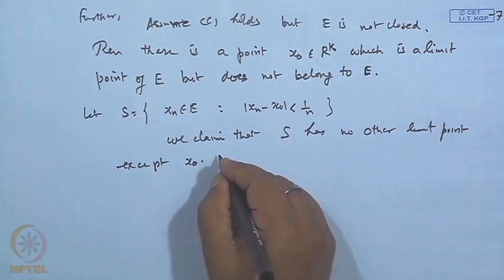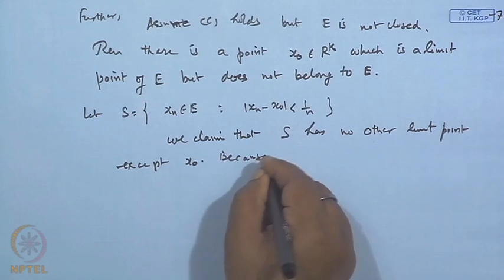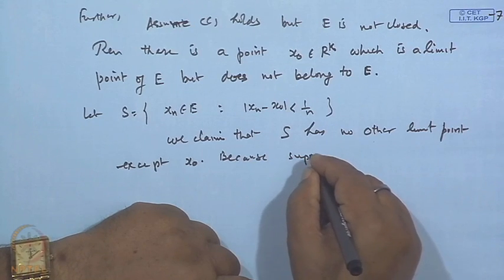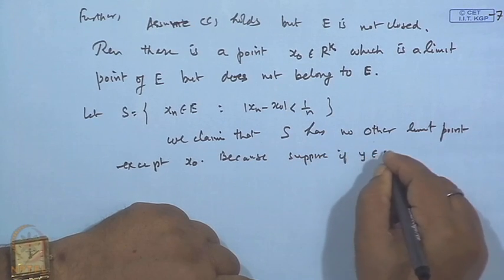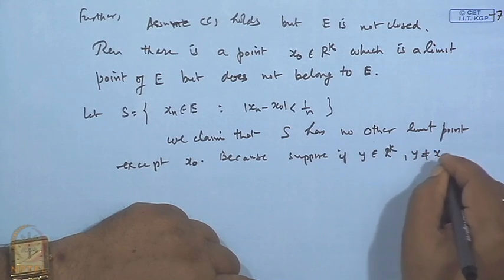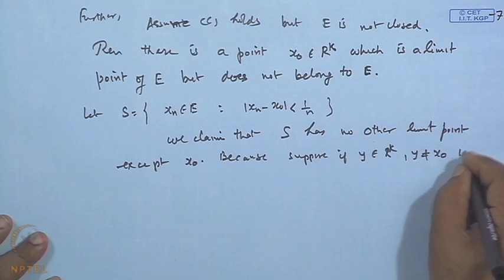Because suppose y belongs to R k and y is different from x naught, and is a limit point.